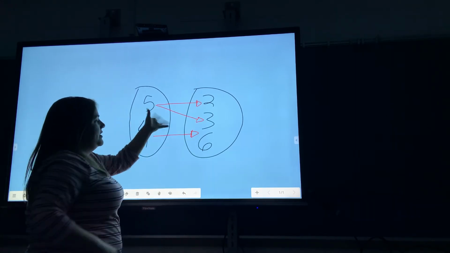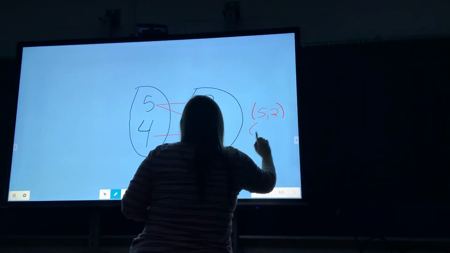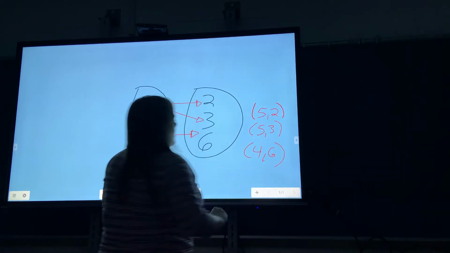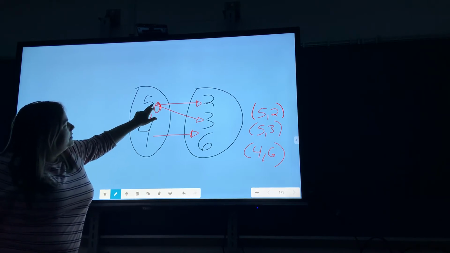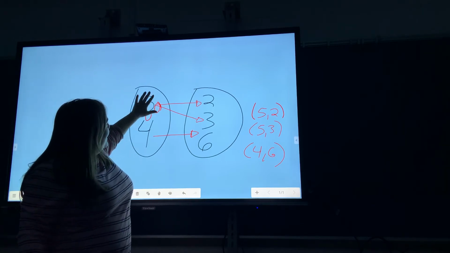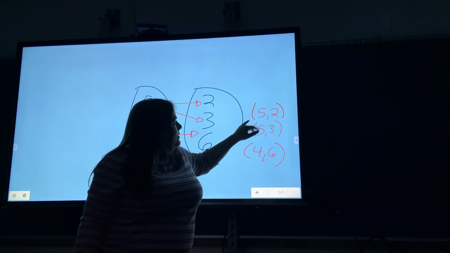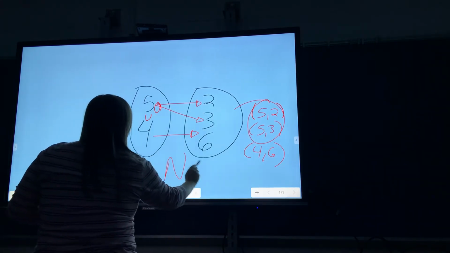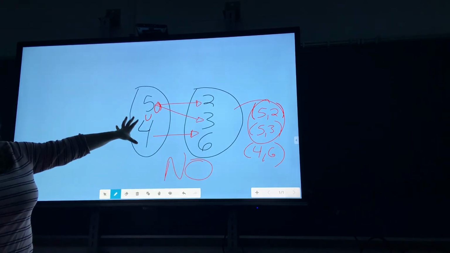So these coordinate points, we're gonna have (5, 2), (5, 3), and (4, 6). Okay, so again, now you're looking at 5. You see how there's two arrows coming out. There's two points coming out from 5. So I wrote down (5, 2), (5, 3). So we already know, no, not a function. And then we had (4, 6). So that's how you tell for maps.